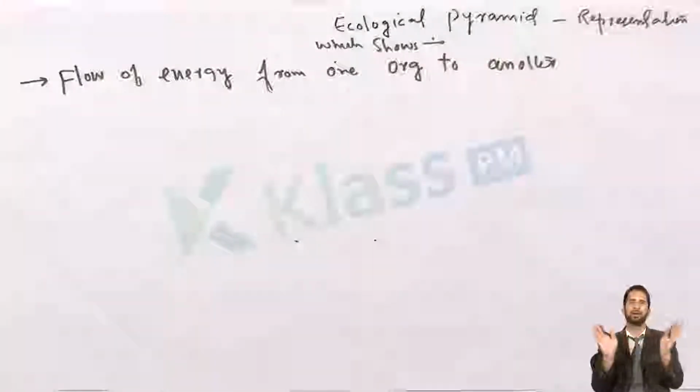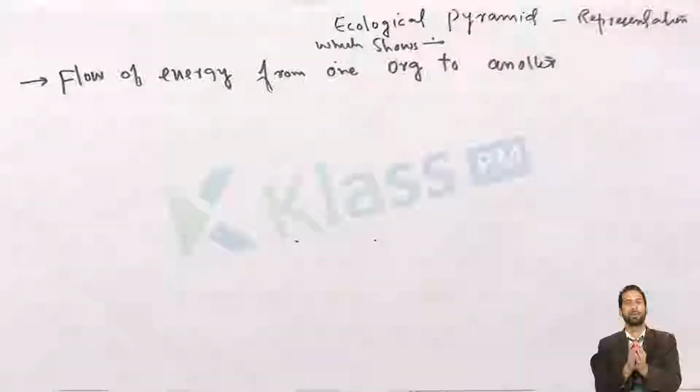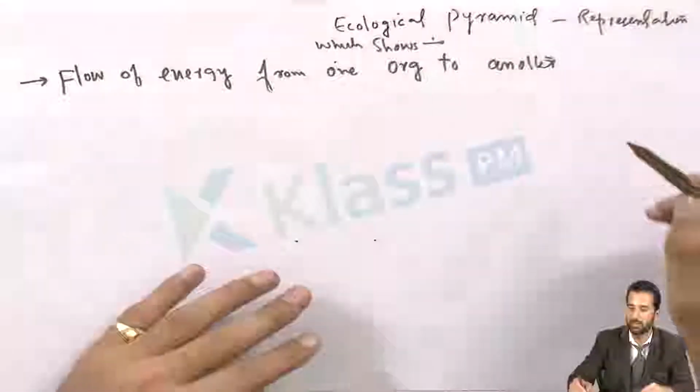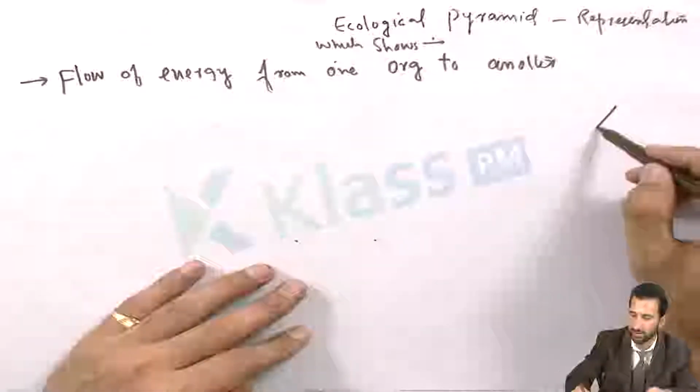There are different types of ecological pyramids, and remember one thing, an ecological pyramid may be erect or may be inverted. The graphical representation is shown as a triangular shape, just like this.